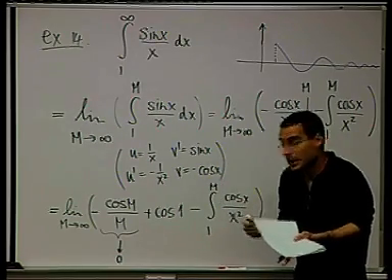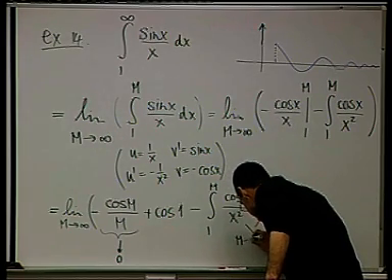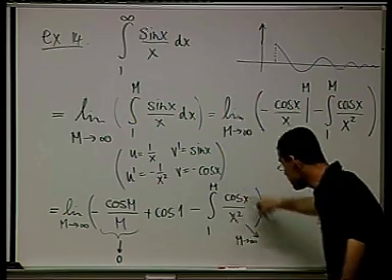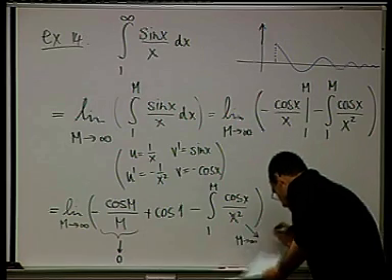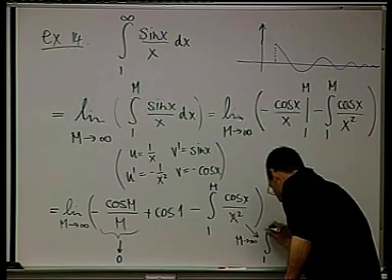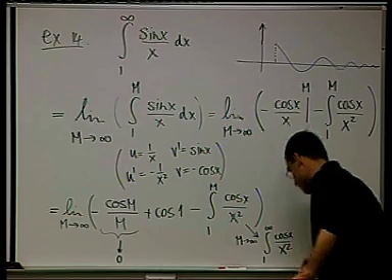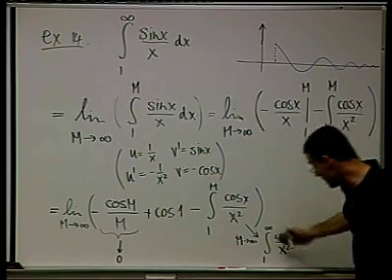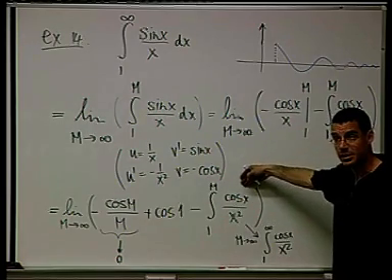When m goes to infinity, this thing, by definition, gives the integral from 1 to infinity of cosine x over x squared, right? That's the definition of this thing. It's the limit as m goes to infinity of this.